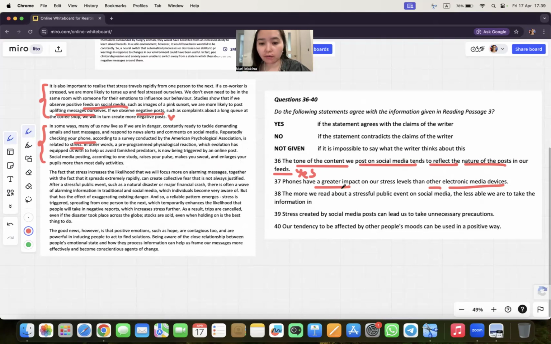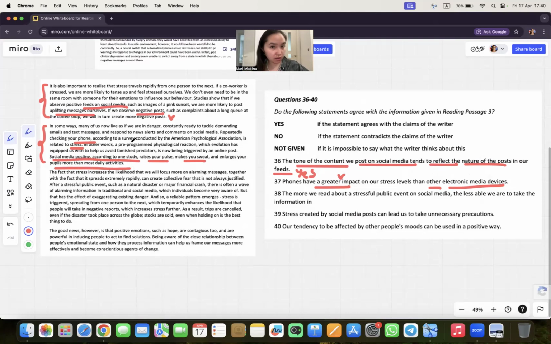So phones have a greater impact on our stress level than other electronic media devices? We have most daily activities. We have nothing about other electronic media devices, right?